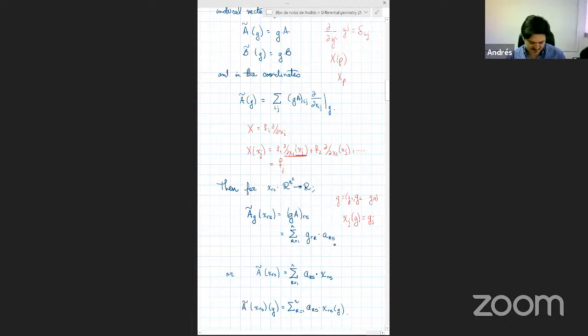Let's see. Okay, now. So I'm rewriting this like this. Note that I'm not evaluating this at g, but if I evaluate it at g, it looks like this. This coordinate function evaluated at g will give me g_rk, which is here.